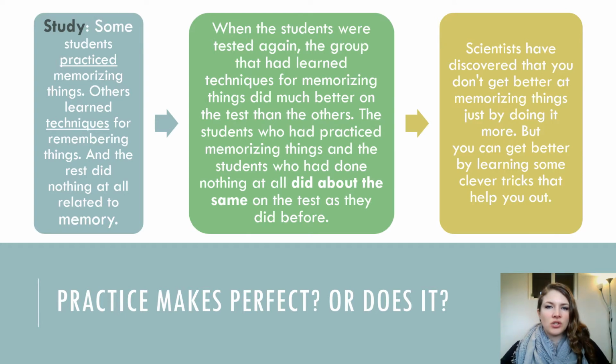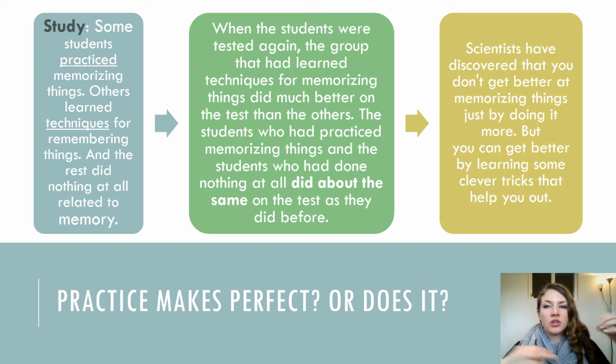So they tested the students, and the group that had learned the techniques did much better than the other two groups. And the students who practiced, even though they did it over and over again trying to memorize things, really did about the same as those who did not even do anything at all.